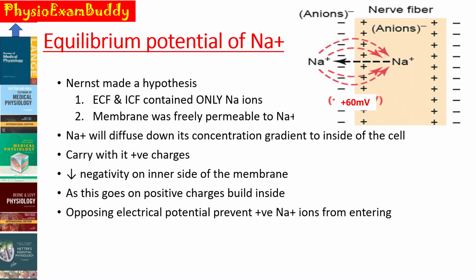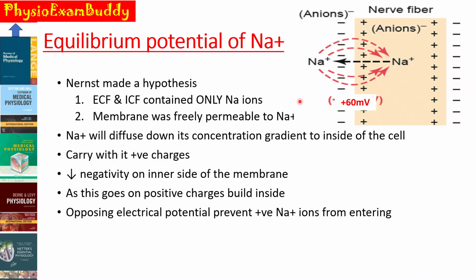Now we are going to explain the equilibrium potential of the sodium. You know that sodium is the most abundant ion in the extracellular fluid. So again, for explaining the equilibrium potential of sodium, Nernst made a hypothesis, that the ECF and ICF contain only sodium ions and the membrane is freely permeable to sodium ions.